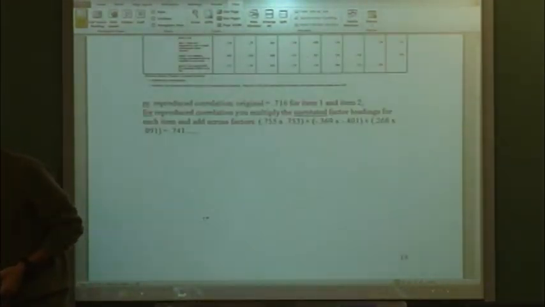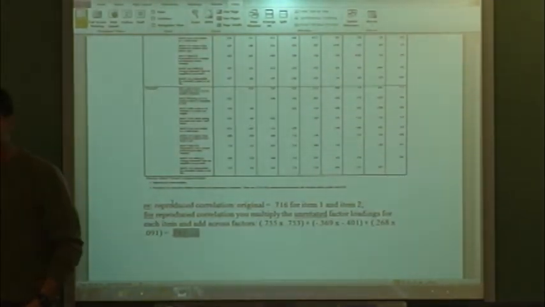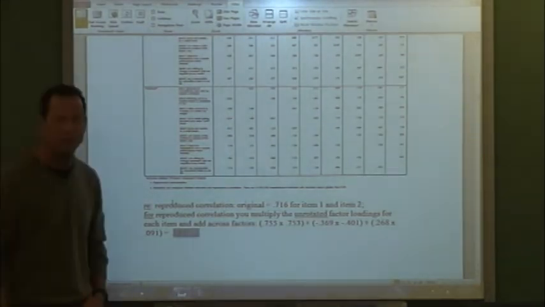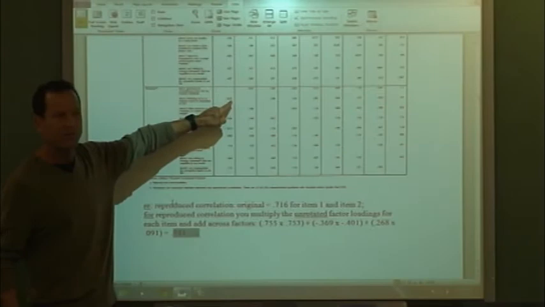And here's 0.741, 0.716. What's 0.716 minus 0.741? You get negative 0.025? Yeah, that's the residual. See, there's the residual.